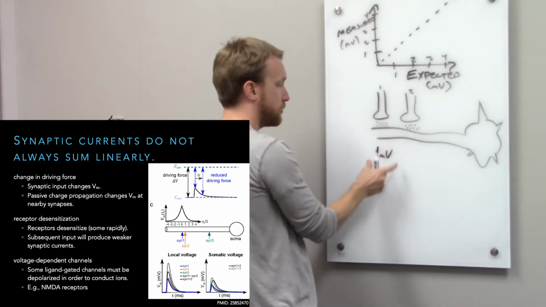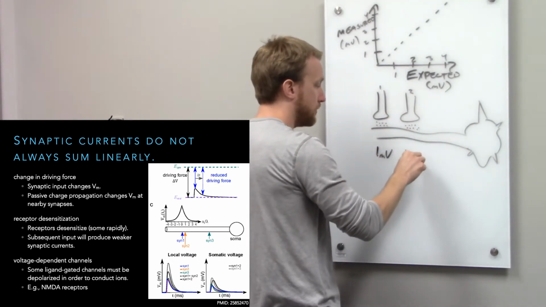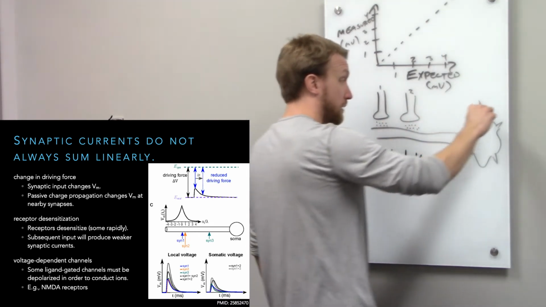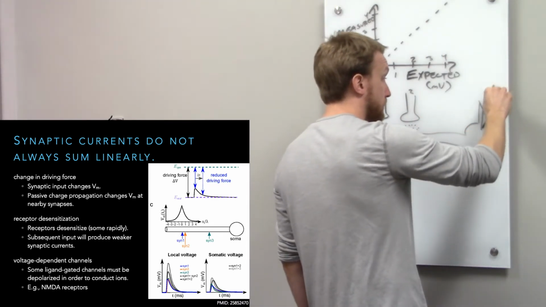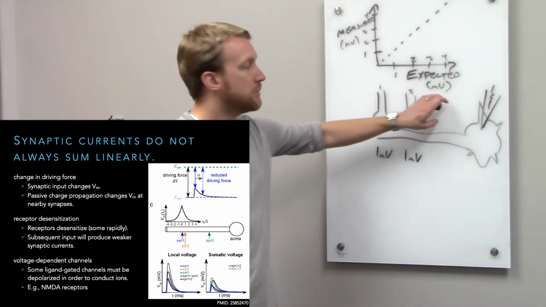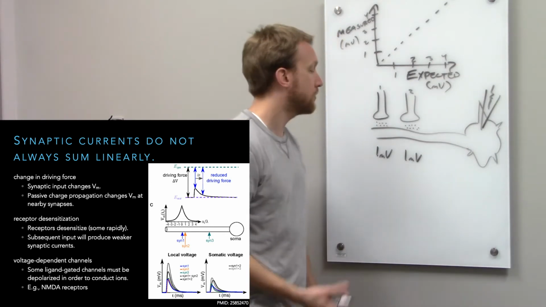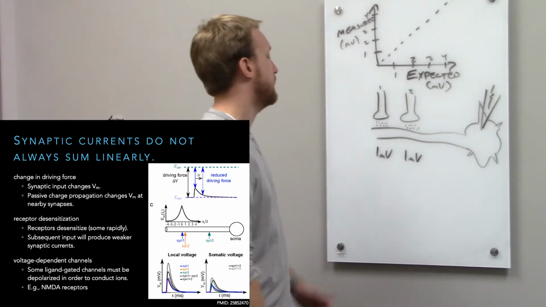So I stimulate synapse 1, I get 1 millivolt of depolarization. I stimulate synapse 2, I get 1 millivolt of depolarization that I'm measuring over here in the cell body. So if I stimulate both of them together, I should get 2, right? Of course not. That's not going to happen.